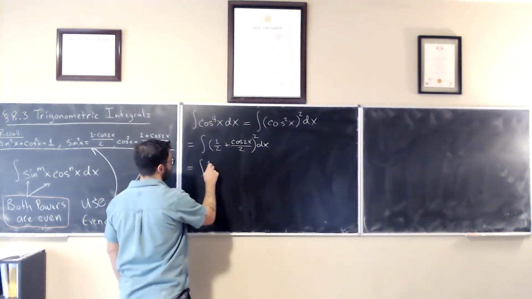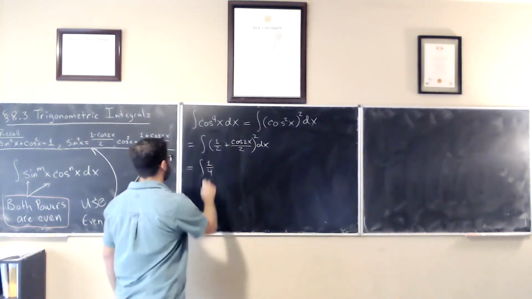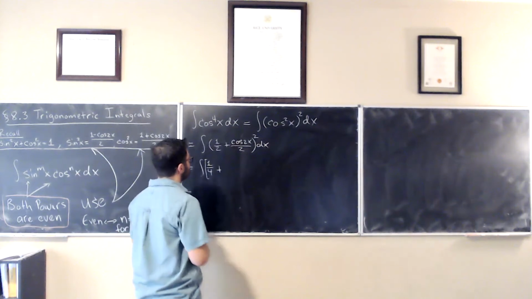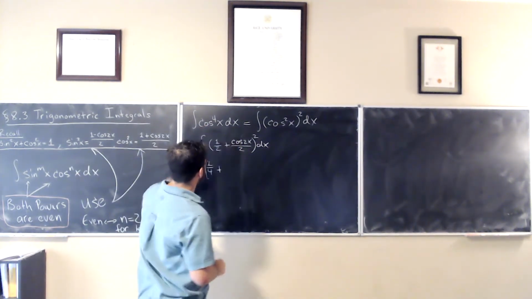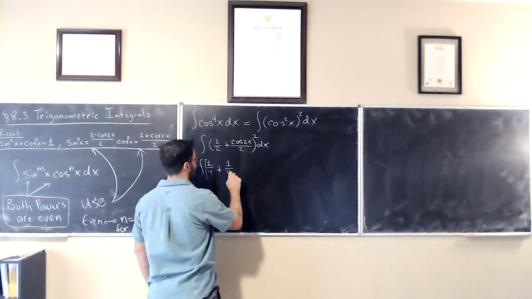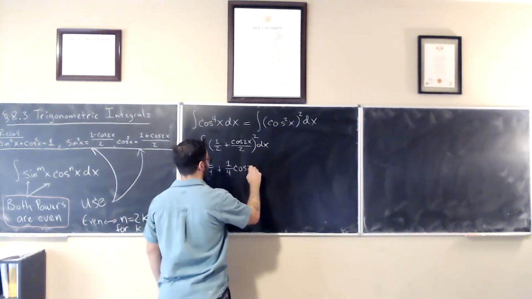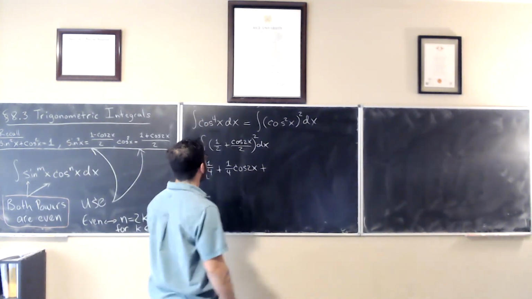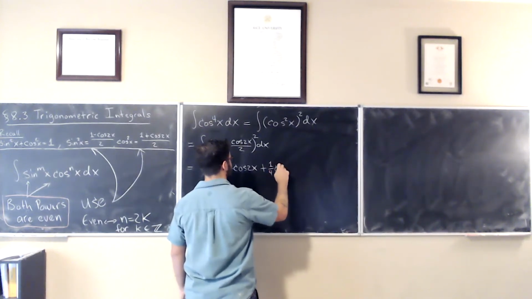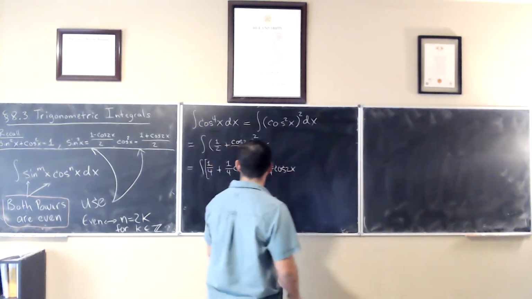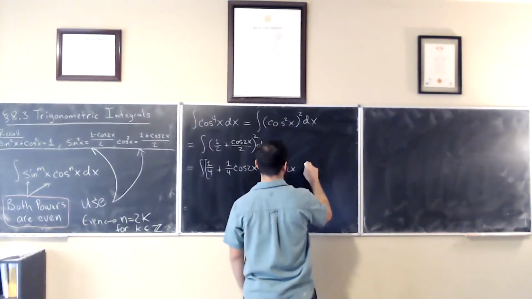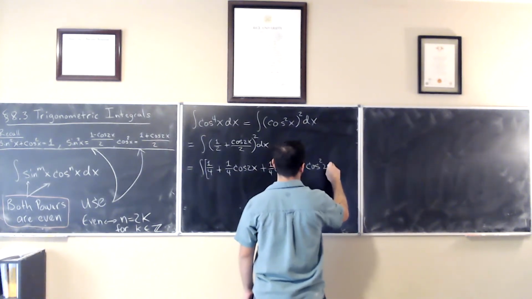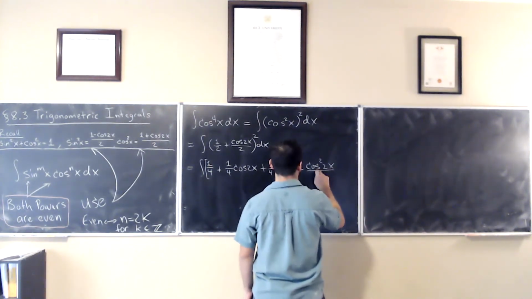So we're going to have 1/4, and then plus 1/2 times 1/2 plus 1/2 times that, plus that again, plus that times itself, so it's cosine squared 2x all over 4.